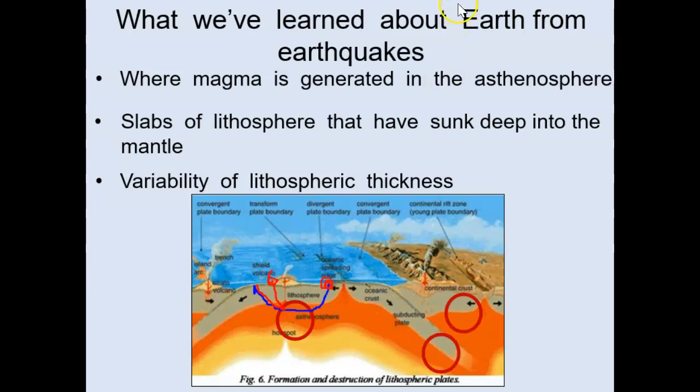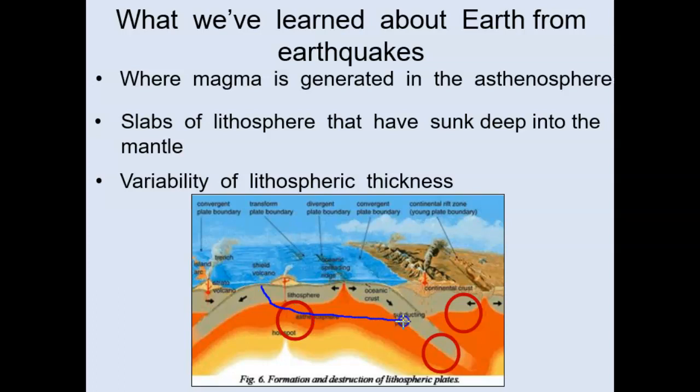So let's do that. Let's have our earthquake in the same location, but now we're going to have a recording station elsewhere. So we're going to say it travels kind of fast, then a little slower through the asthenosphere.